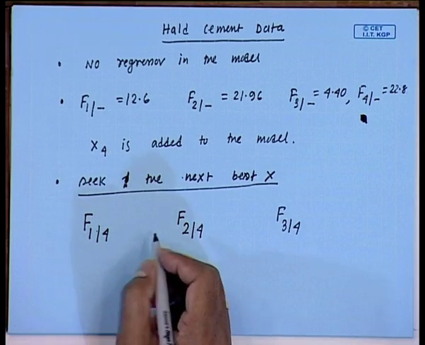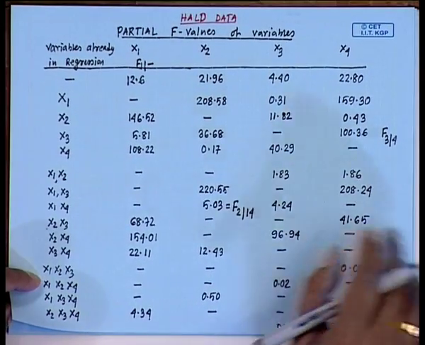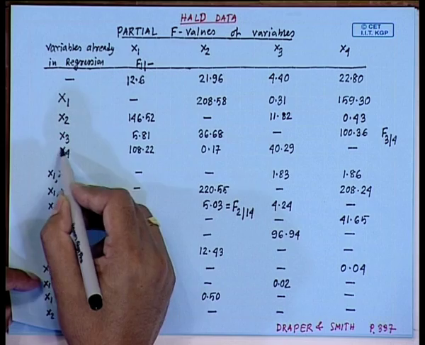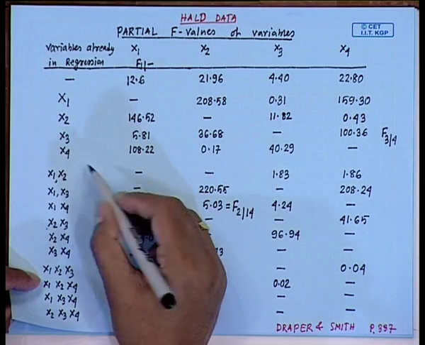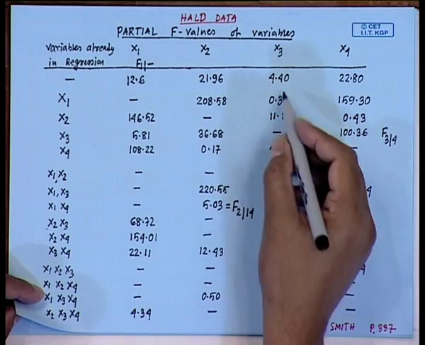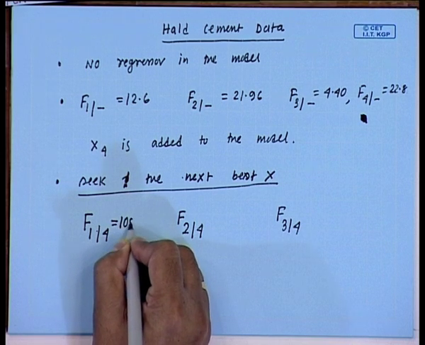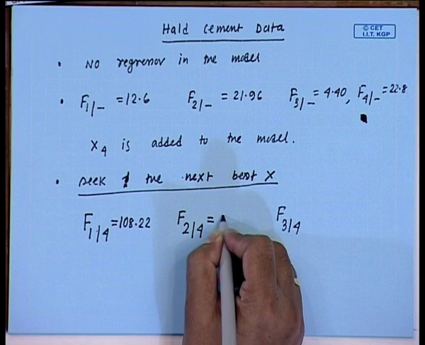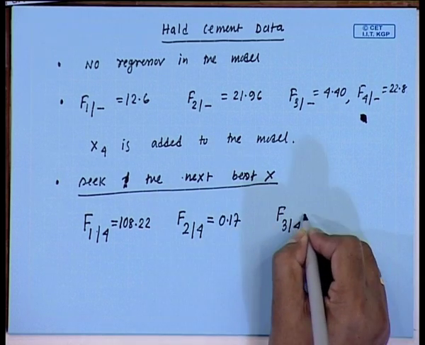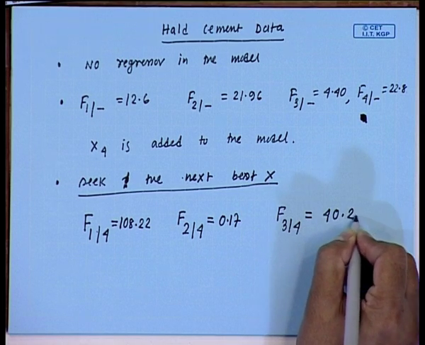From this table, this one is F 1 4, this is F 2 4, this is F 3 4. So, F 1 4 is equal to 108.22, F 2 4 is 0.17 and F 3 4 is 40.29.